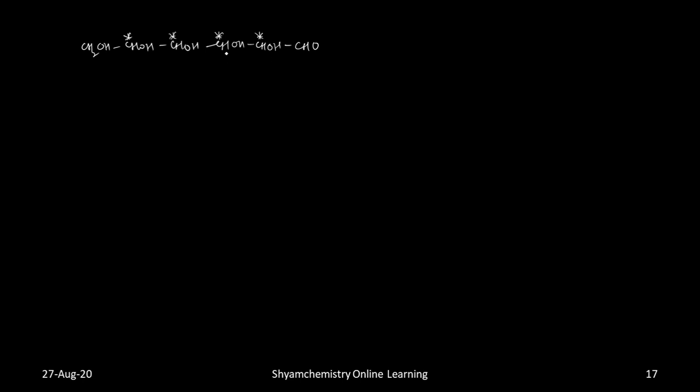Here the total groups are different for this carbon. So all are unlike asymmetric carbons. How many asymmetric carbons are present in this glucose molecule? Number of asymmetric carbons, n, is now 4.